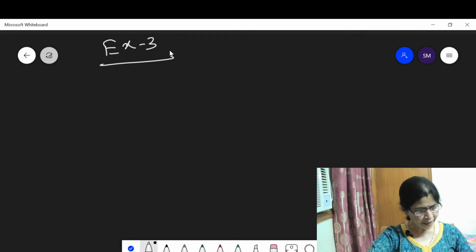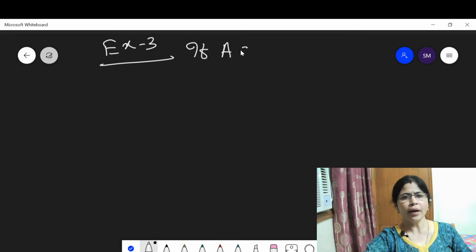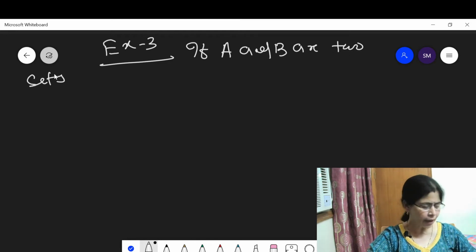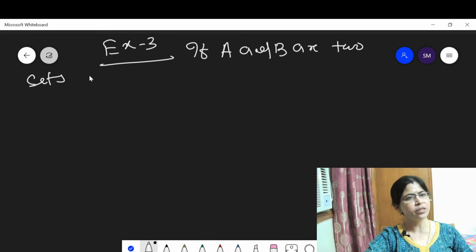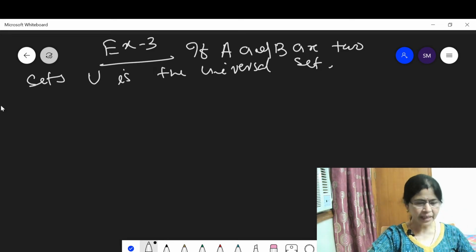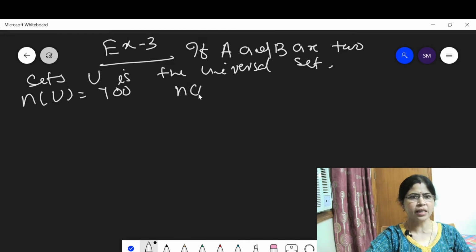If A and B are two sets, and U is the universal set, and such that the data is given, n of U is given here 700. This means the number of elements present in the universal set is 700.